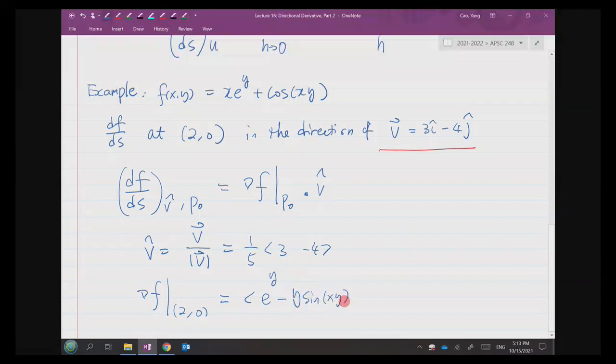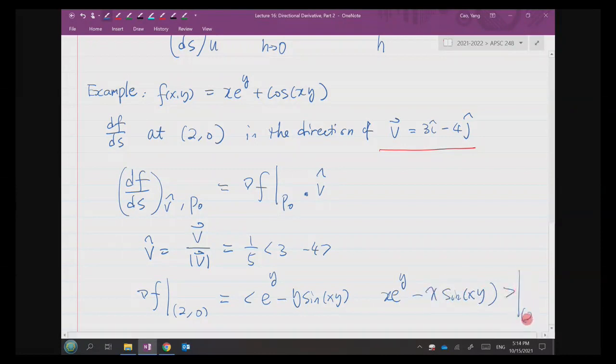That's partial f, partial x. Now partial f, partial y. Now you consider x as a constant and y as the variable. So x times e to the power y, minus sine xy, and the partial with respect to y gives you x here.